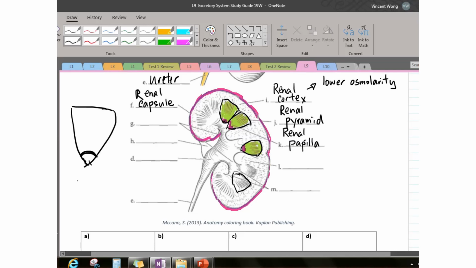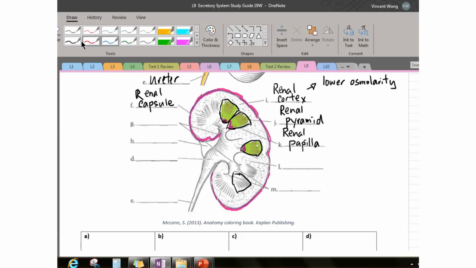The tip here, that is the papilla. And what happens is the urine is going to be produced in the pyramid, and then it will all drip into the renal papilla. Okay, and then like a melting icicle, right? The urine will come out from the tip of the renal papilla, right? And then I'll tell you where it goes later on.